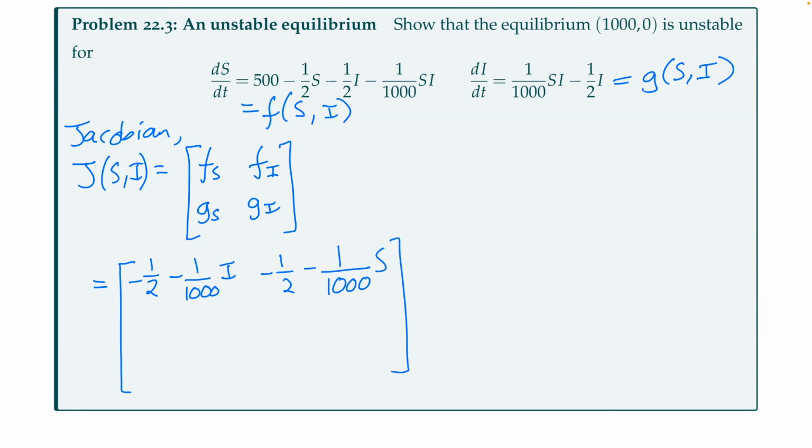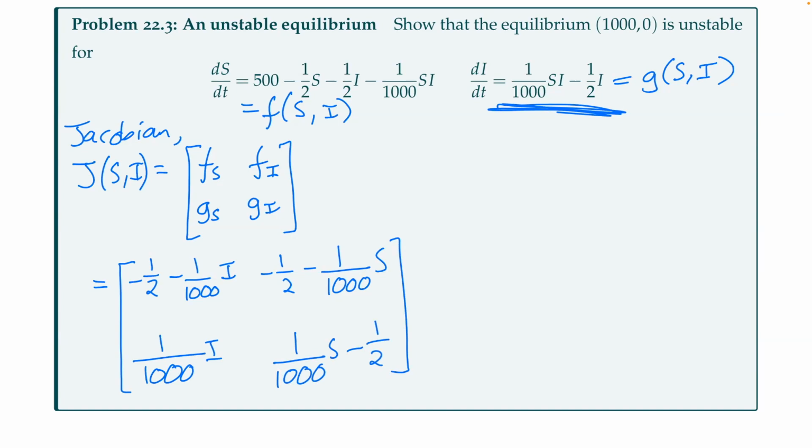Second equation, g sub s. There's only one s term here, so you end up with 1 over 1,000 times I, not s. And then the partial with respect to I, both terms are linear in I, so we just drop the I's out. So we have 1 over 1,000 s minus a half. So this is our Jacobian.